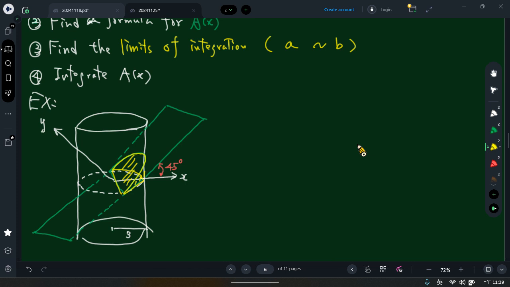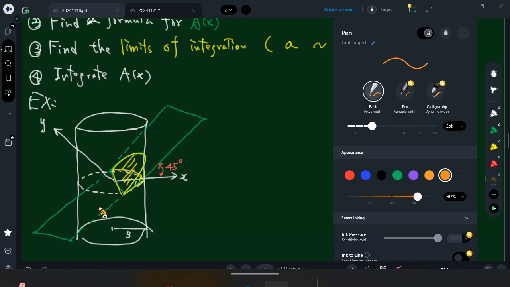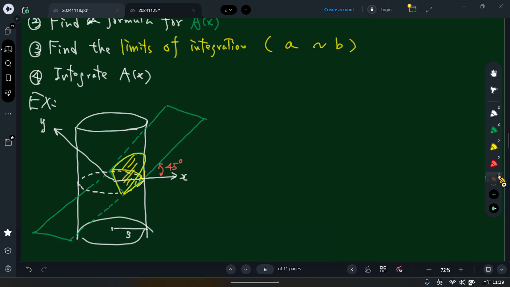Okay, finally, we want to calculate the volume of the solid yellow part. No worry, I will show you the figure. So just imagine that. If we want to get the shape, we want to know the volume of the solid.